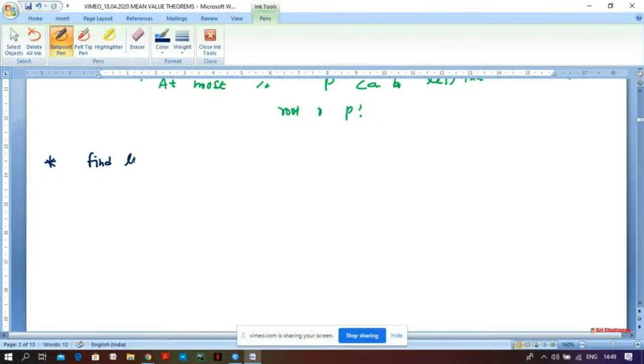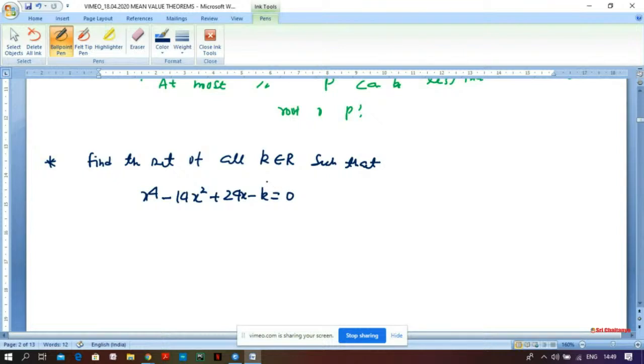The problem says: find the set of all k element of R, all k parameter, such that x to the power 4 minus 14x squared plus 24x minus k equal to 0 has 4 real and unequal roots.